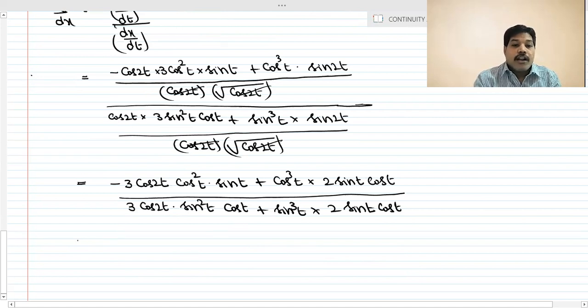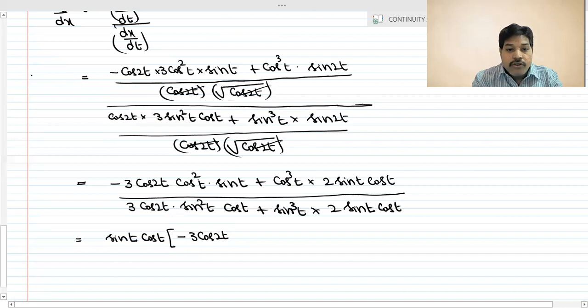So in the numerator, students, I will take sin t into cos t as the common factor. What terms will you get in the numerator? You get 1 minus 3 into cos 2t cos t, because here I take cos t common from cos square t, and I have already taken sin t, so this becomes 2 cos cube t.